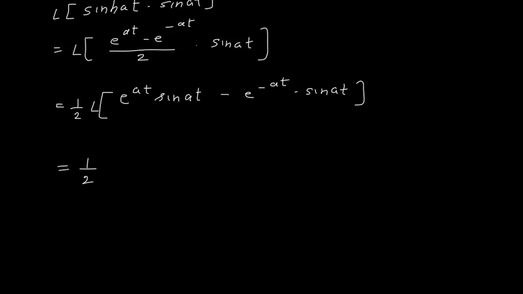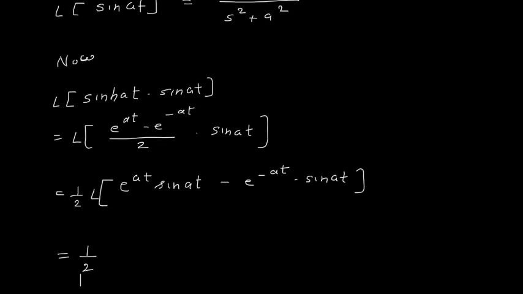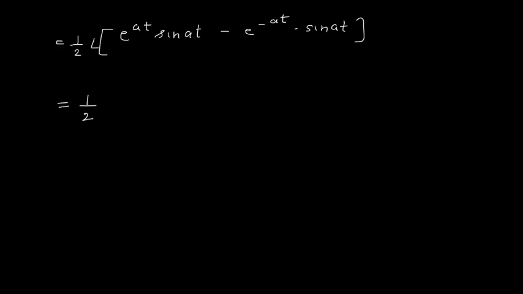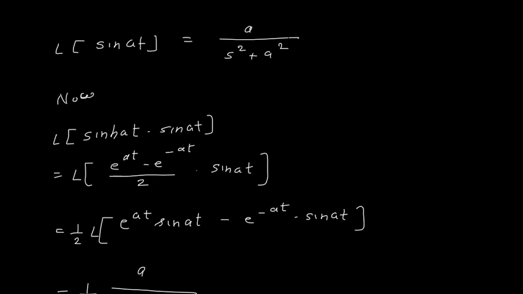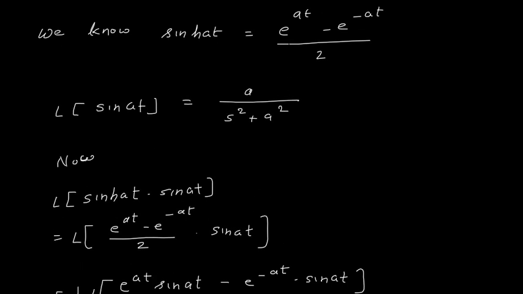So this is equal to 1 upon 2 Laplace of e power at into sin at. We will use the first shifting theorem. Laplace of sin at is a upon s square plus a square. So using that, it is a upon, in place of s I will write s minus a. Now one thing kindly note: when it is e power at multiplied by some function, you have to replace s by s minus a, and when it is e power minus at, you have to replace s by s plus a.